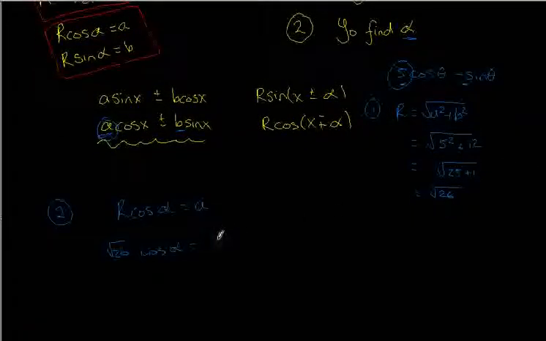So cos alpha is equal to 5 over the square root of 26. Therefore, alpha is equal to arc cos of 5 over square root 26. Using the calculator, this gives us 11.3, and to 2 decimal places, it is 11.31 degrees.